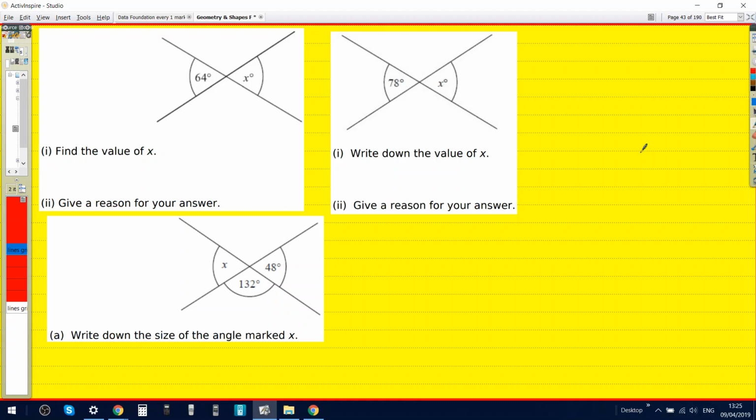No, that would give you the angle next to 64. Okay, so if you did 180 minus 64, 180 minus 60 is 120, so that would be 116. And so how would you get X?